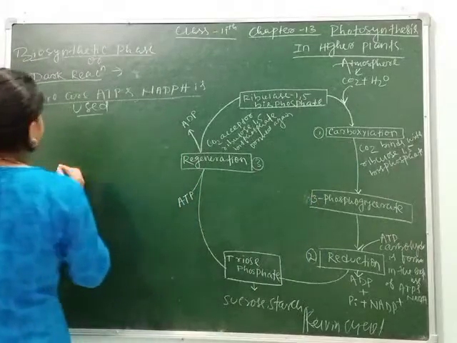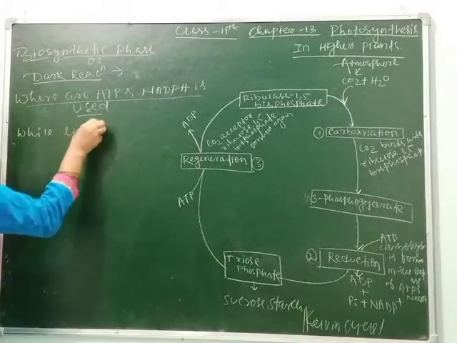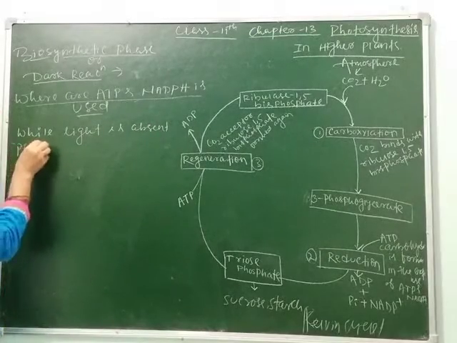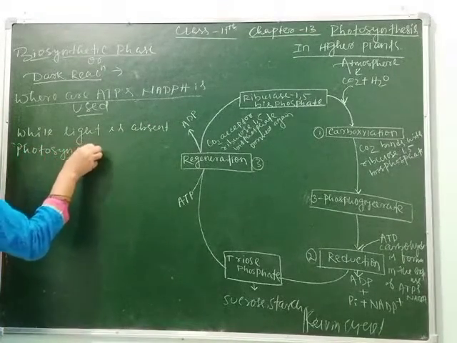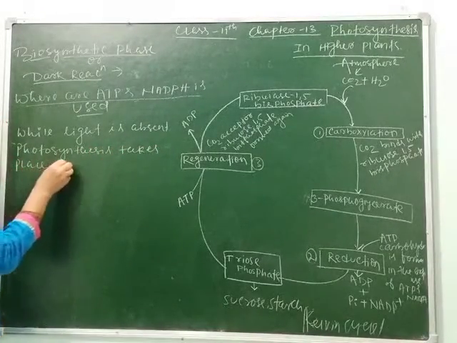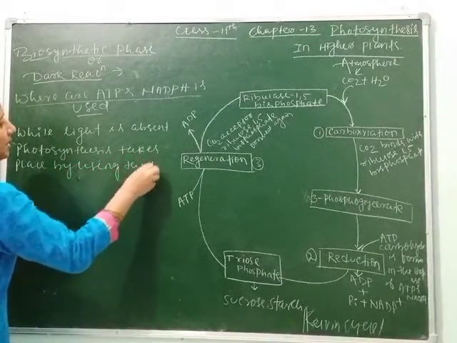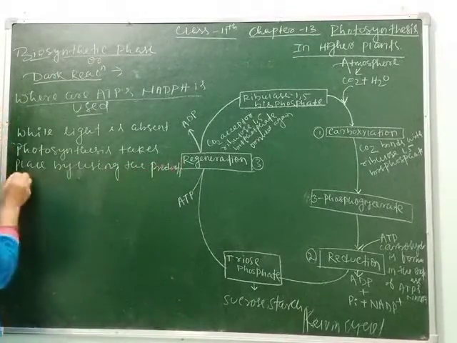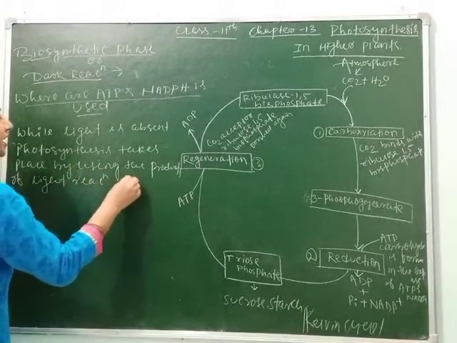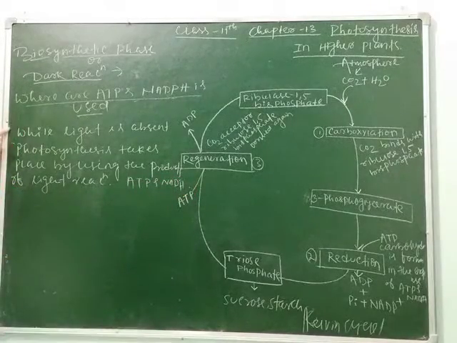So we can say that while light is absent, photosynthesis takes place by using the products of the light reaction, means ATP and NADPH. Clear students? So this is the dark reaction.